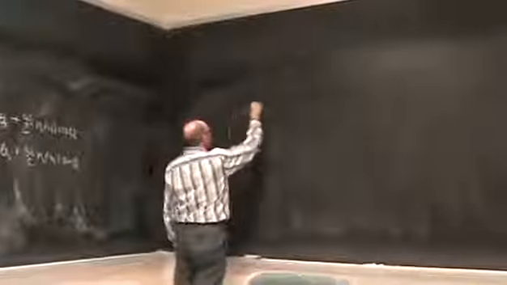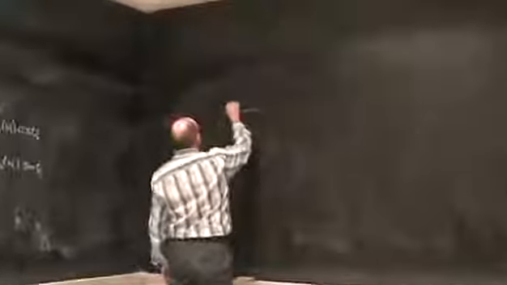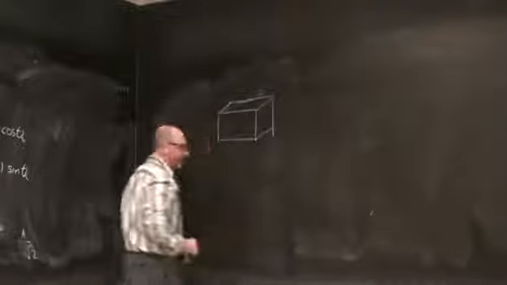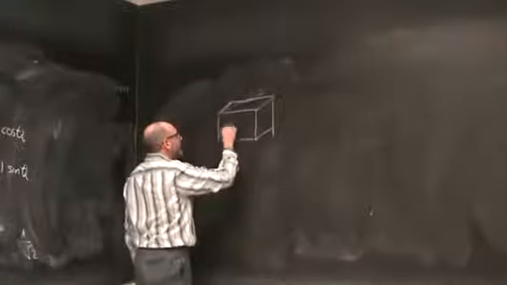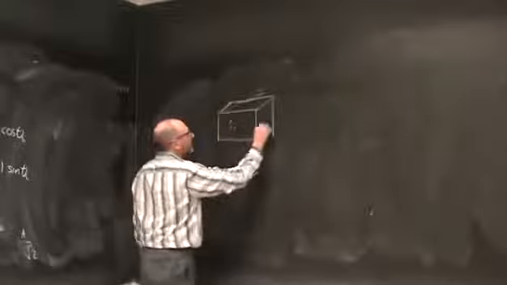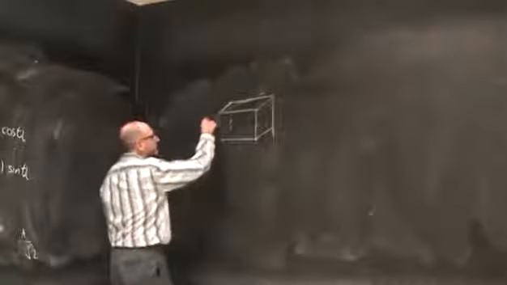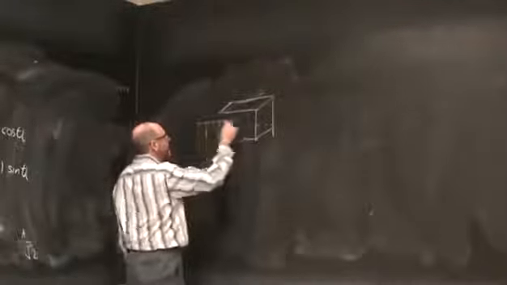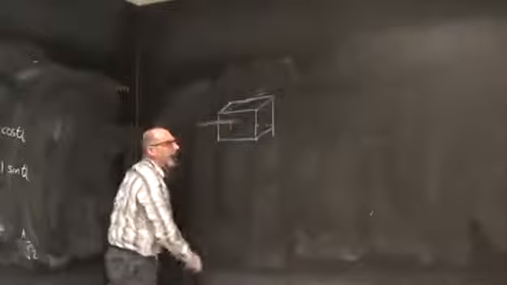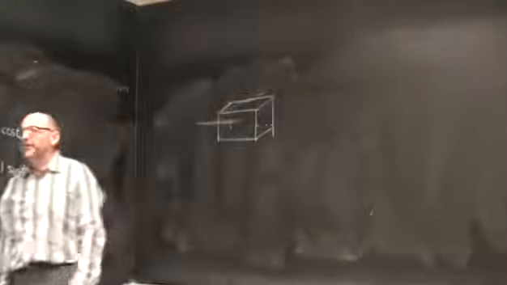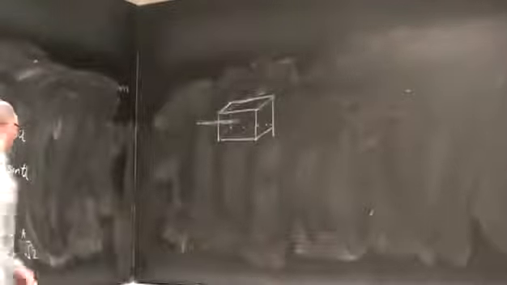So let me attempt to draw just a little bit. Here's the crystal, okay? And now we have our pump that comes in. And somewhere down the line here, one of these parametric emissions happens.